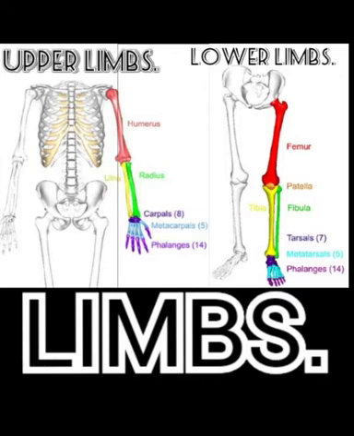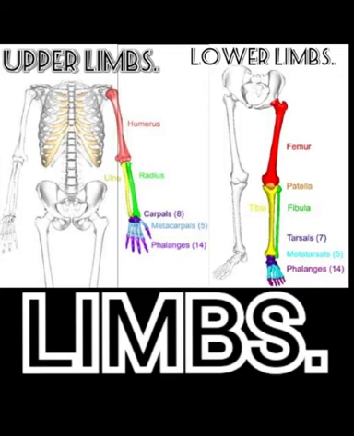Do you know how many types of limbs there are in our body? There are two types of limbs in our body. What are they? Upper limbs and lower limbs.